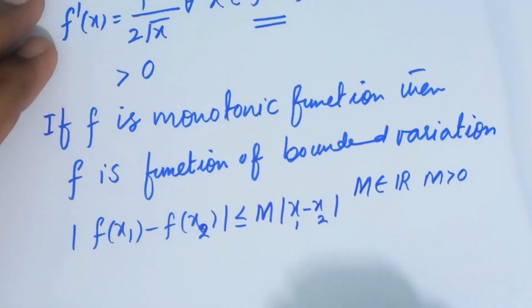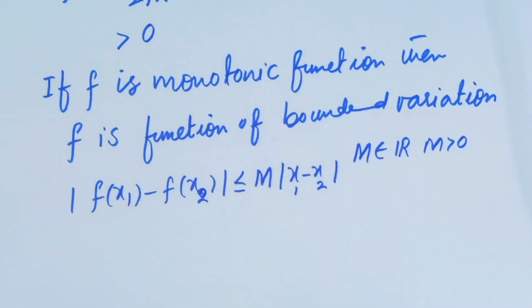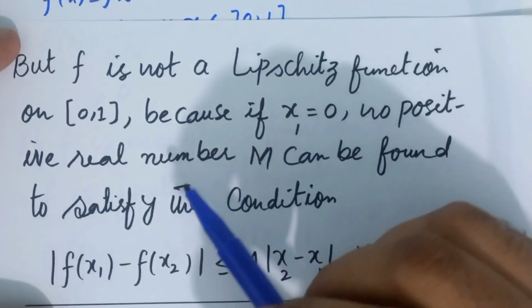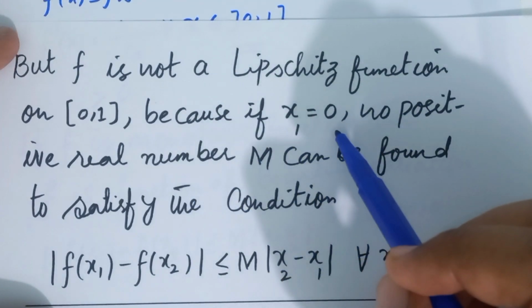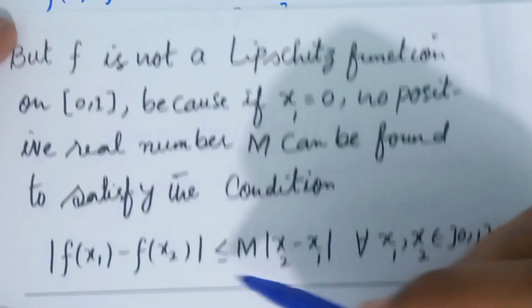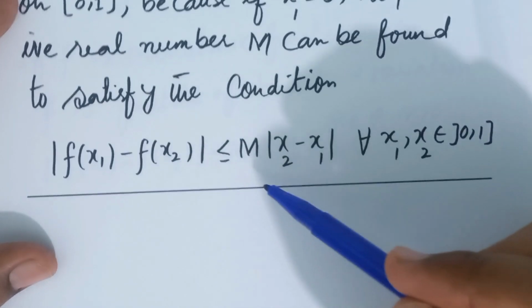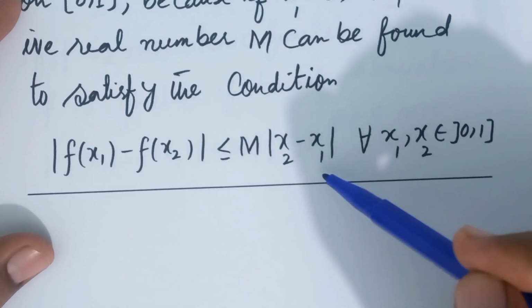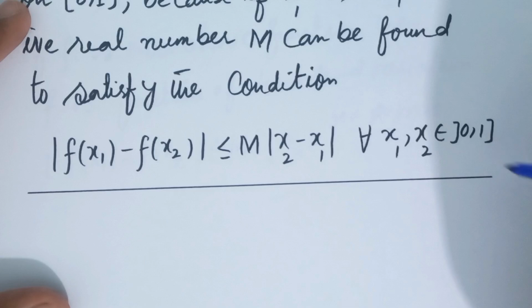So suppose we choose x1 equal to 0. No positive real number m can be found to satisfy the condition that absolute f of x1 minus f of x2 is less than or equal to m times absolute x2 minus x1 for all x1, x2 belonging to the semi-open interval 0 to 1.